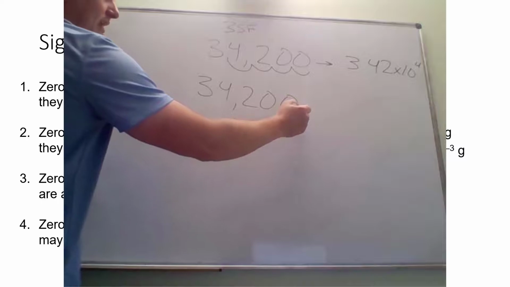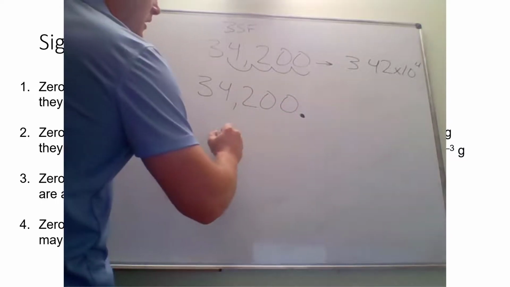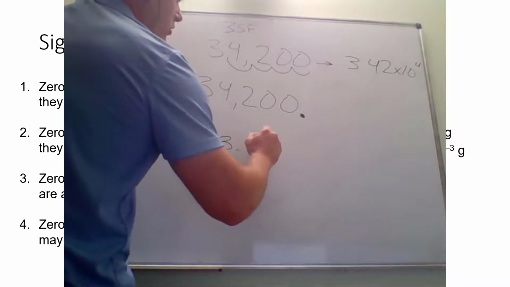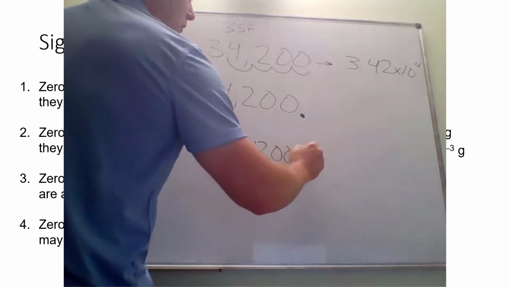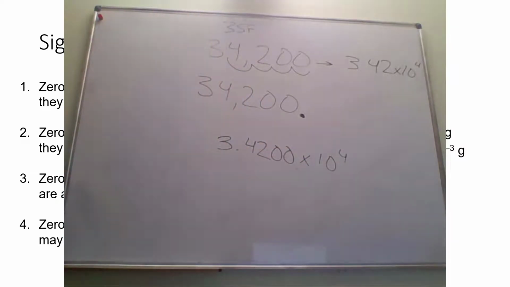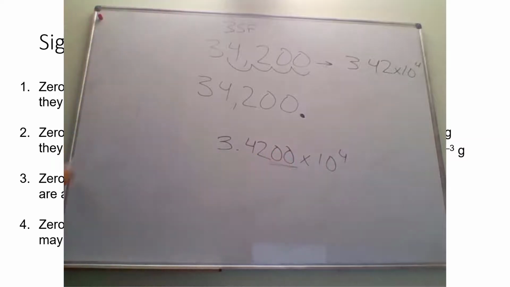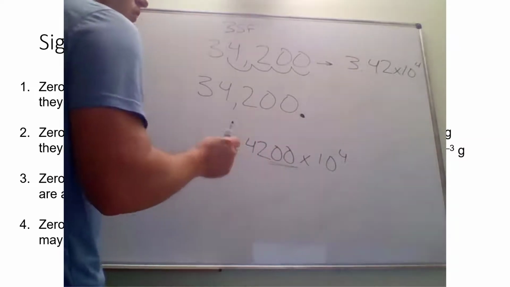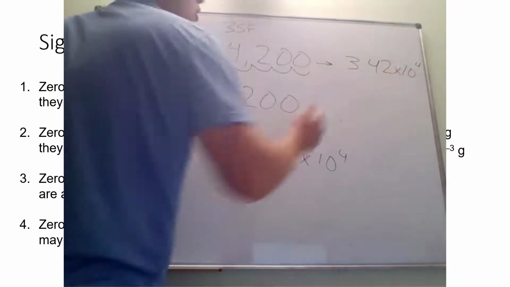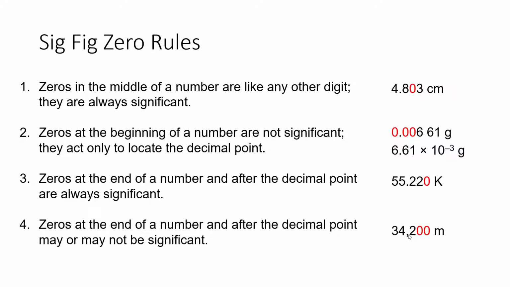Whereas the one with the decimal place would be listed as 3.4200 times 10 to the 4. Those trailing zeros now indicate that these two zeros are significant, whereas they have been omitted from the top one that does not include the decimal place.